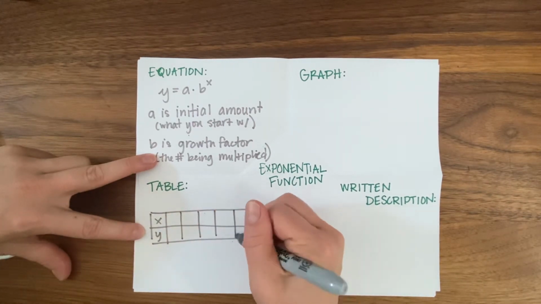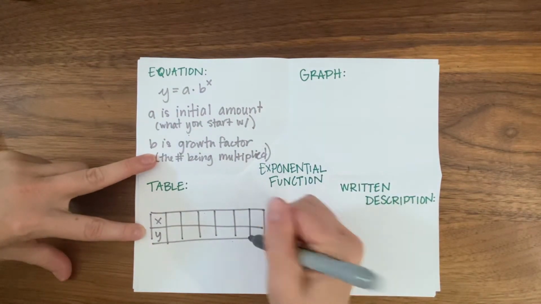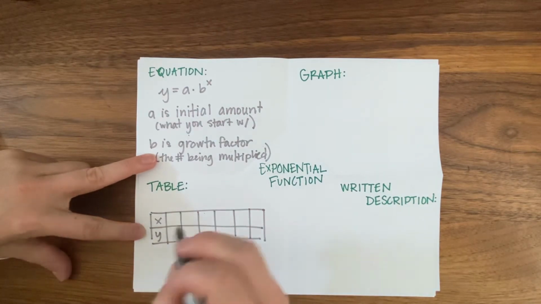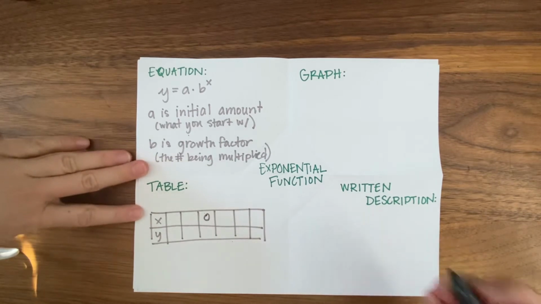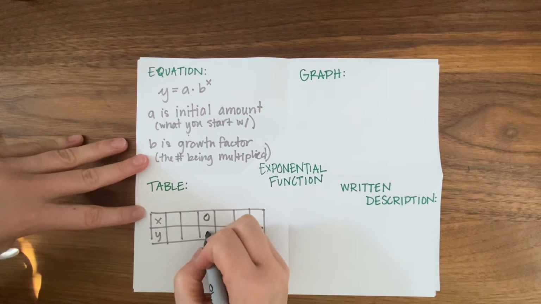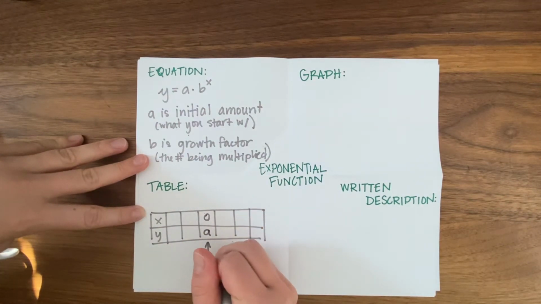And we have a whole bunch of numbers. And we could do as many as we like. There. Now, if we start at x equals 0, and I'm going to put that sort of in the middle of the table, even though we're thinking of it as our initial amount, when x is 0, y is a. That's our initial amount.